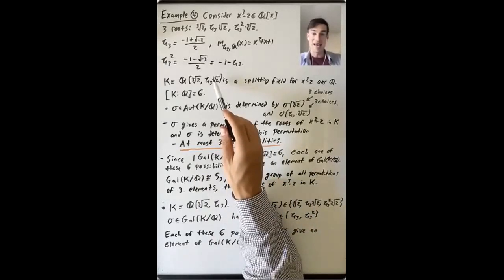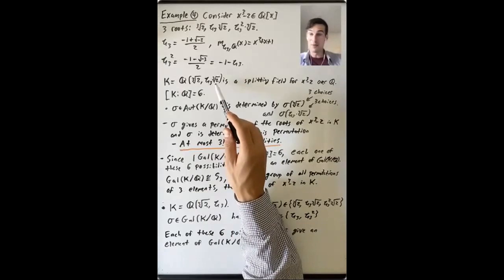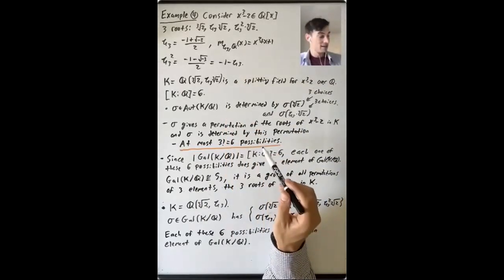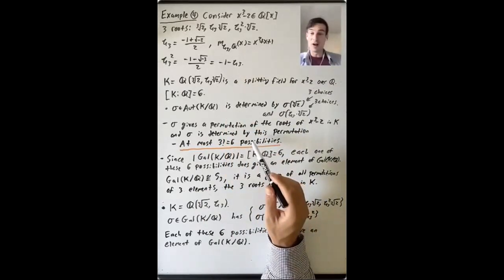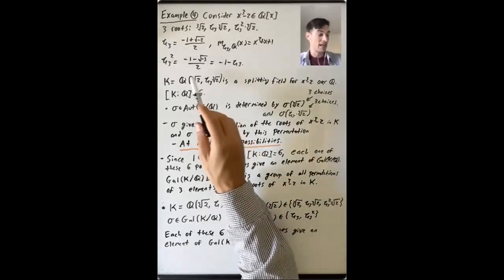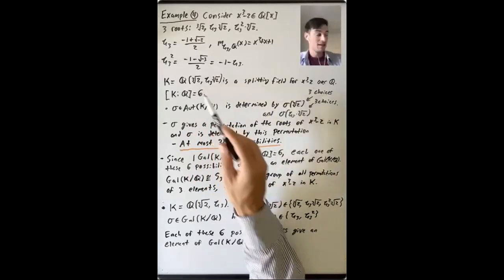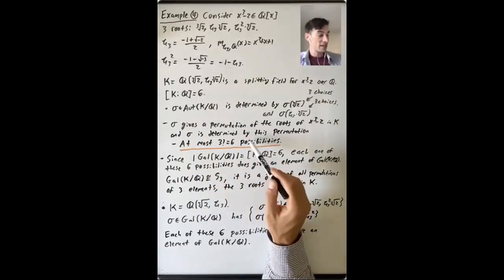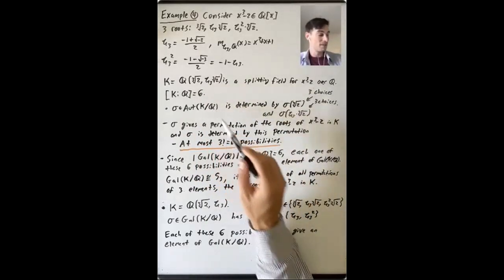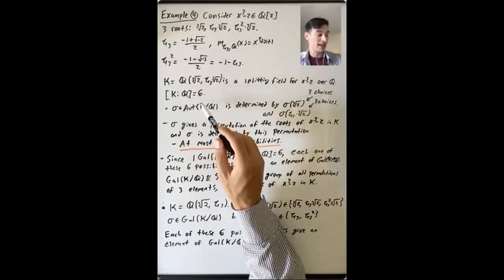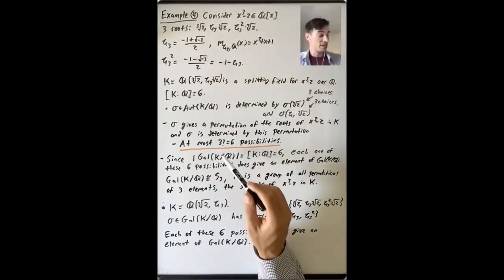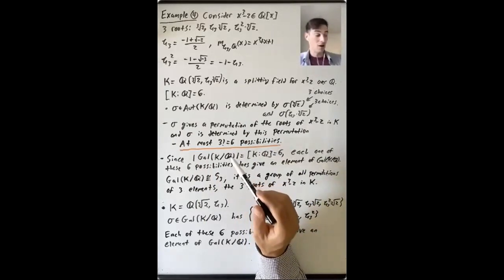But we know that K is the splitting field of a separable polynomial in Q[x]. So the number of automorphisms of K fixing Q is the degree of K over Q, which is 6. The degree is 6. This extension is Galois. So in fact, there are exactly 6 automorphisms of K fixing Q.